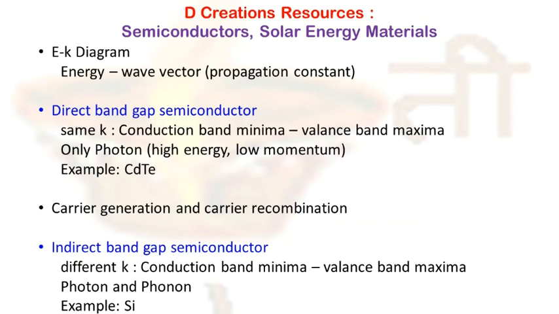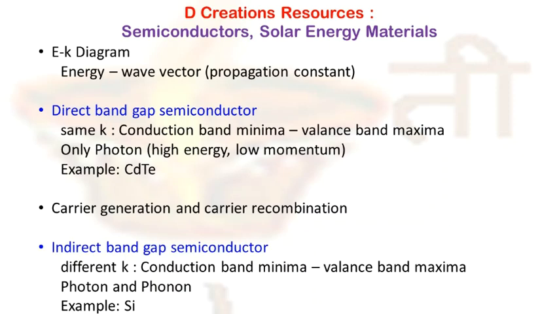As we noted, in an indirect band gap material both photon and phonon are required to excite an electron from the valence to the conduction band, and the probability of light absorption is less. So one requires a thicker layer of indirect band gap semiconductor to absorb the complete solar spectrum as compared to a direct band gap semiconductor.